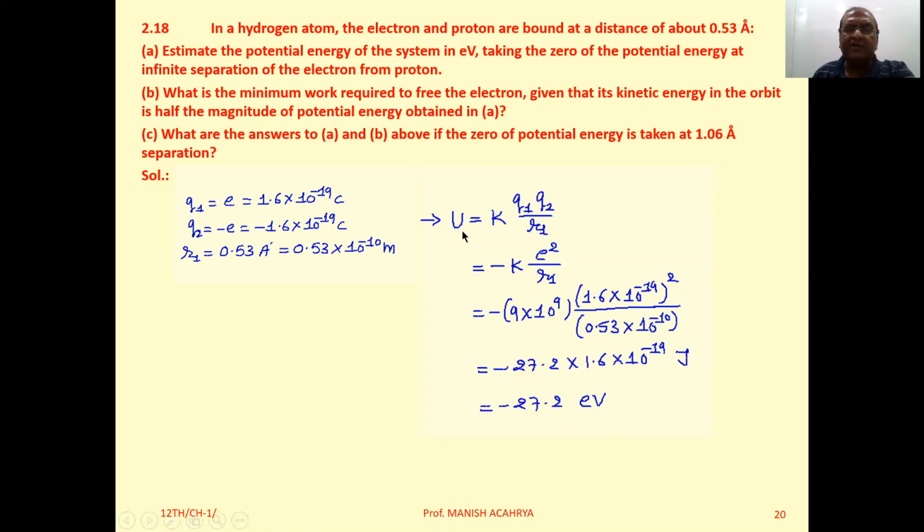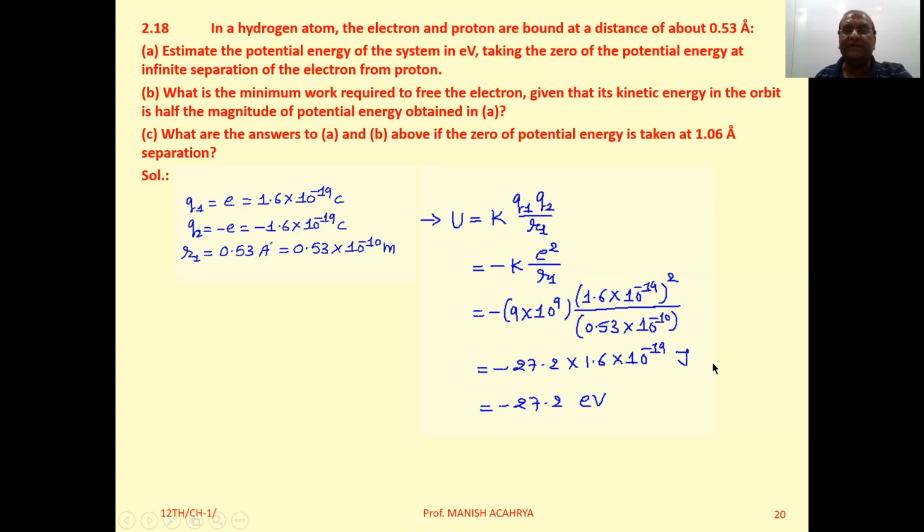So we can write U is equal to, now Q1 Q2, that is plus e and minus e. So our equation of potential energy will be minus K e square upon R1. So minus K, that is 9 into 10 raised to 9, e, that is 1.6 into 10 raised to minus 19 square of it, upon the separation, that is 0.53 into 10 raised to minus 10.